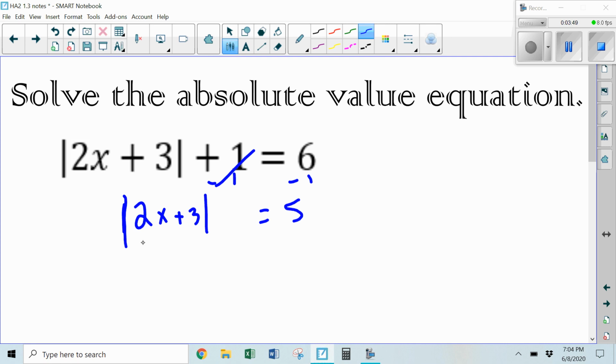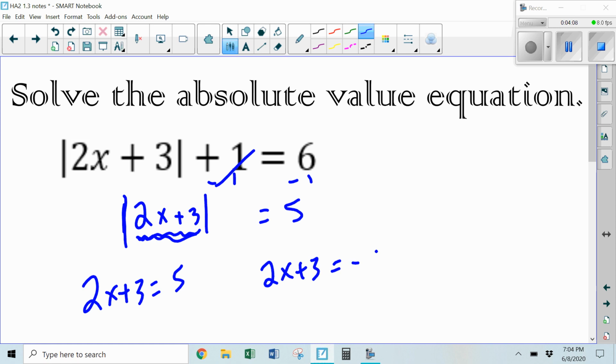Now, this right here has a distance of 5. So this could be 2x plus 3, could be at 5 on the number line. That would be 5 away from 0. Or this same thing could also stand at negative 5 on the number line, because that also has a distance of 5.